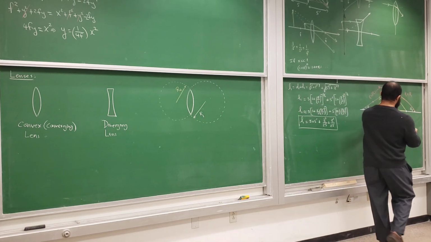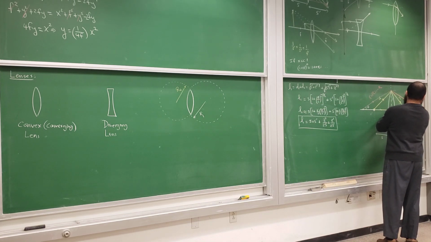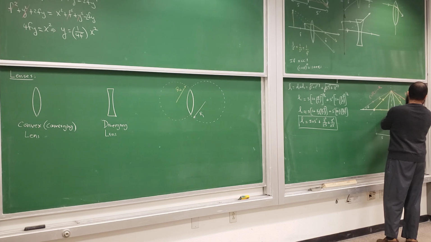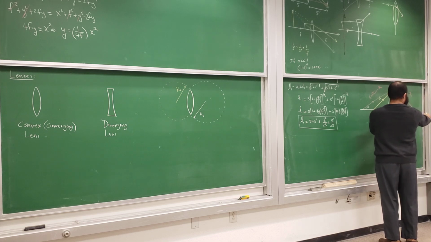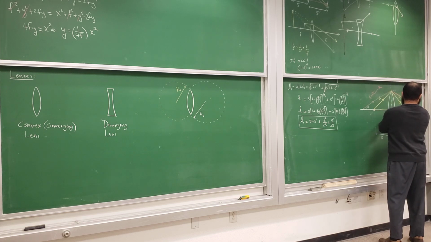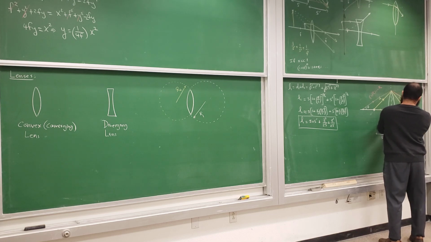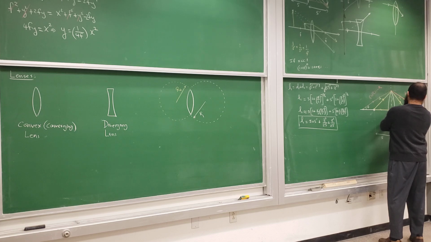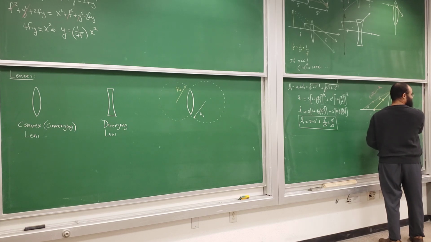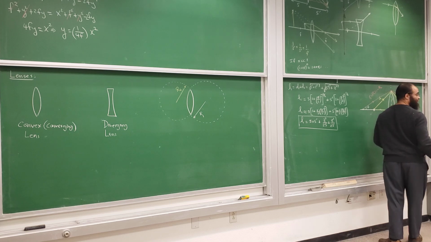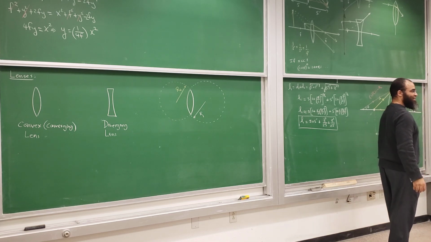And from here to here, it's R1 times the cosine of theta 1, right? This whole distance is R1, therefore delta 1 is R1 minus R1 cosine of theta 1. Okay?